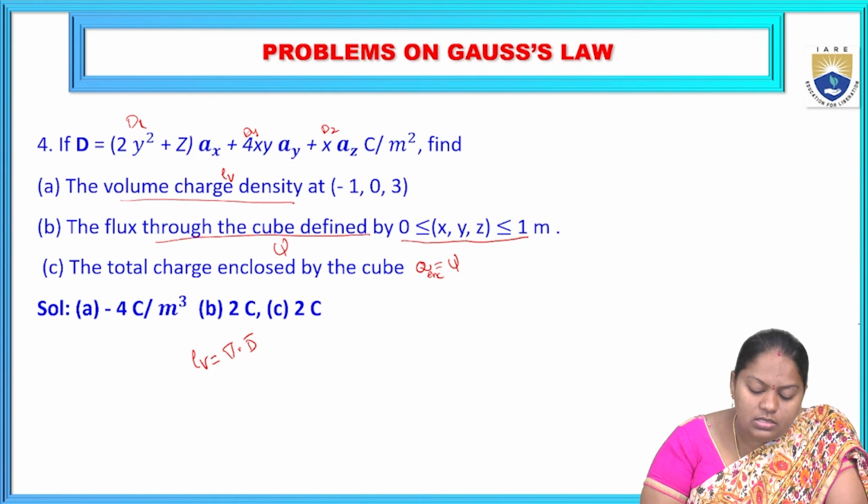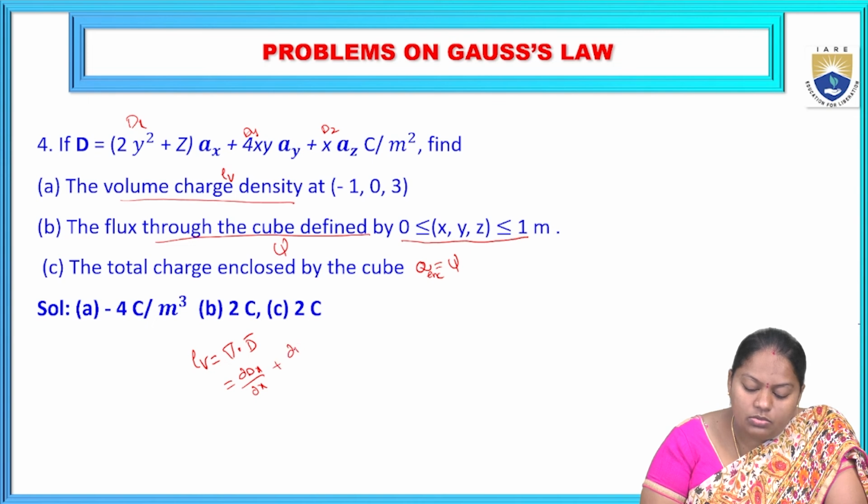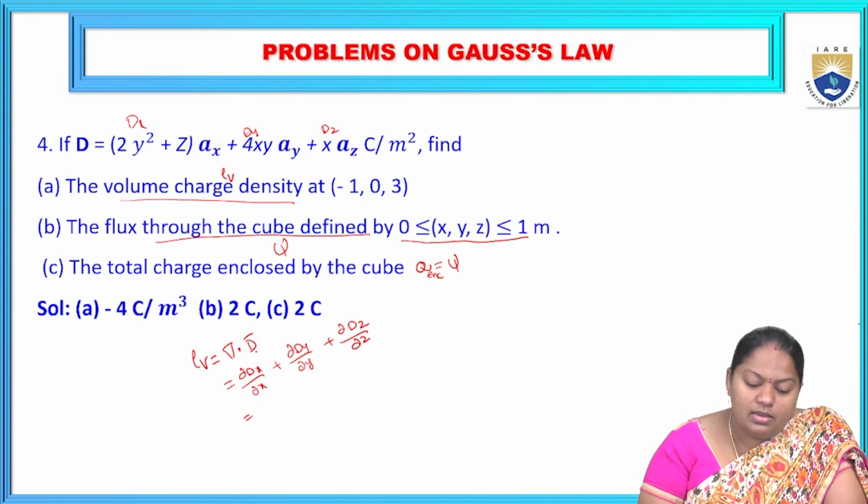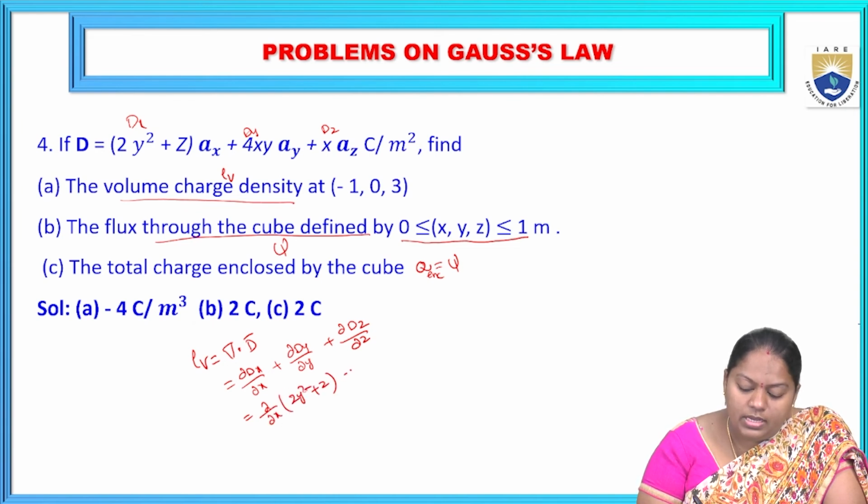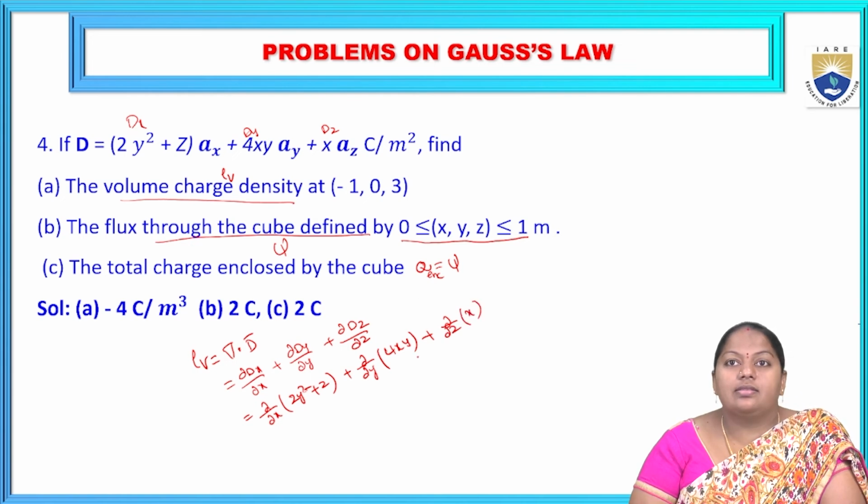Okay, now for this formula, del dot D is given by dou Dx by dou x plus dou Dy by dou y plus dou Dz by dou z, which is equal to dou by dou x of Dx, which is 2y square plus z, plus dou by dou y of Dy, which is 4xy, plus dou by dou z of Dz, in the sense x, right?